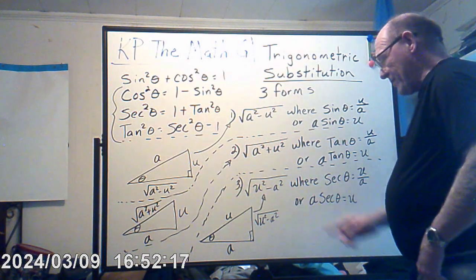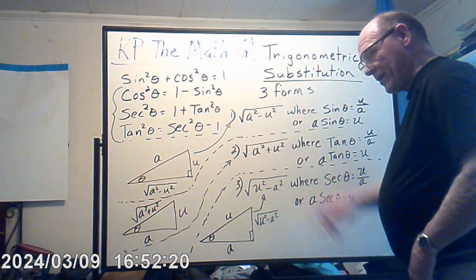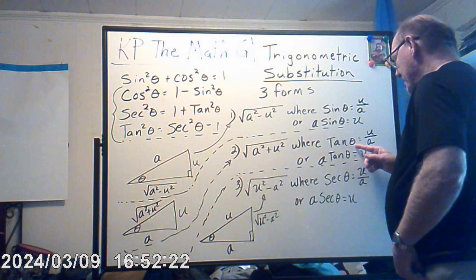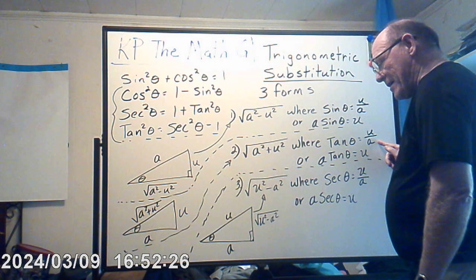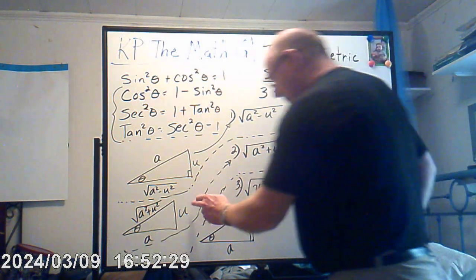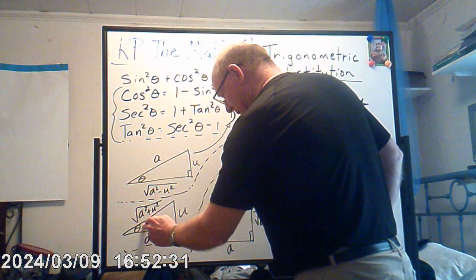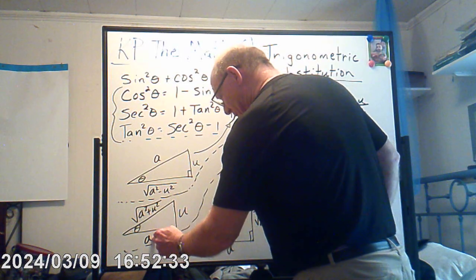Alright, the second one, if you see a plus sign, it's automatically tangent. That's U over A. Tangent is opposite over adjacent. Opposite of theta over the adjacent.